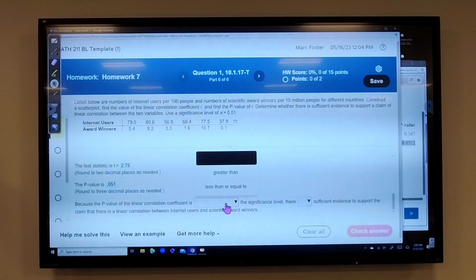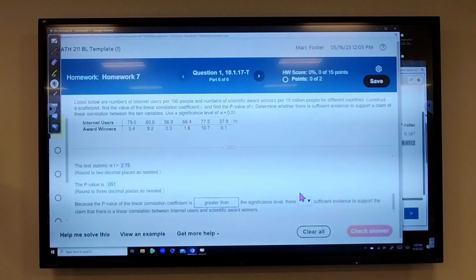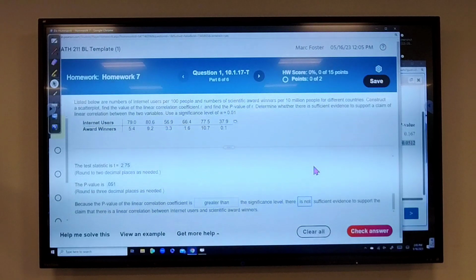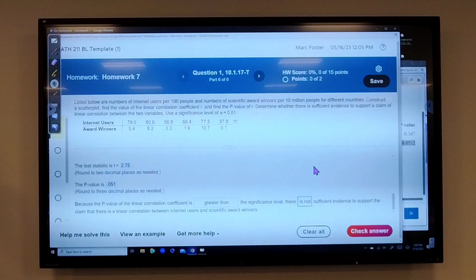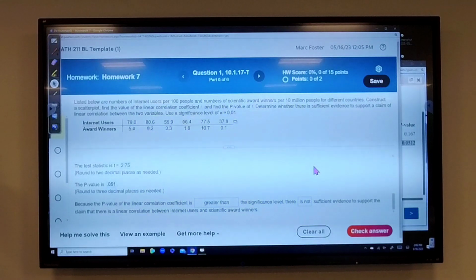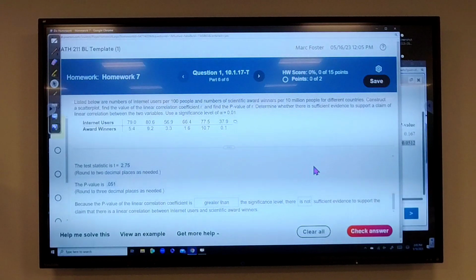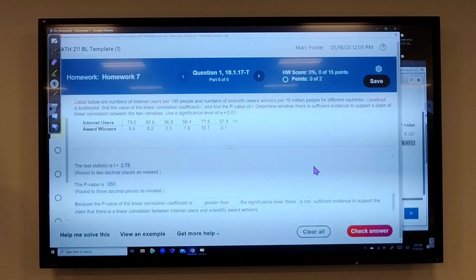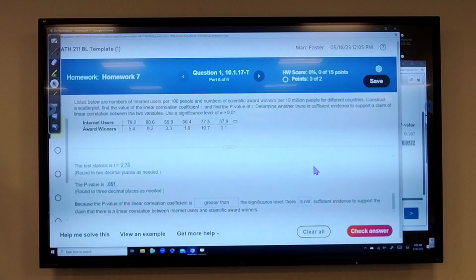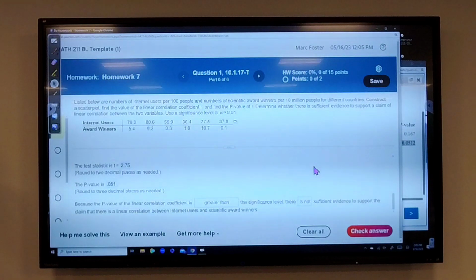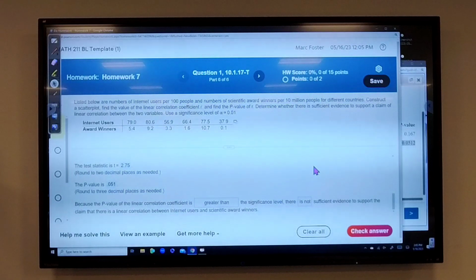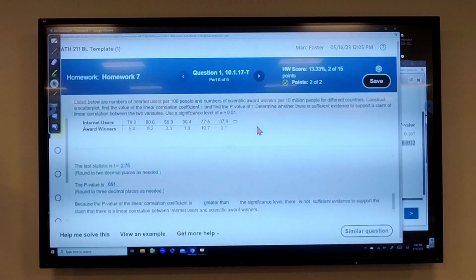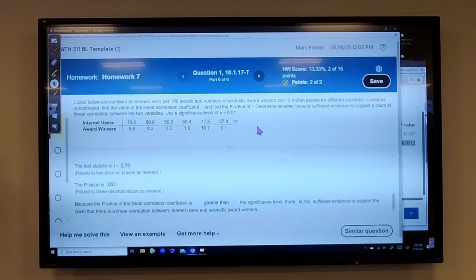Because the p-value is greater than the significance level, we do not have the evidence to say that there's a strong correlation. Because when we fail to reject, that is when we have to use y bar, not the least squares regression line. Okay, that's the whole question.